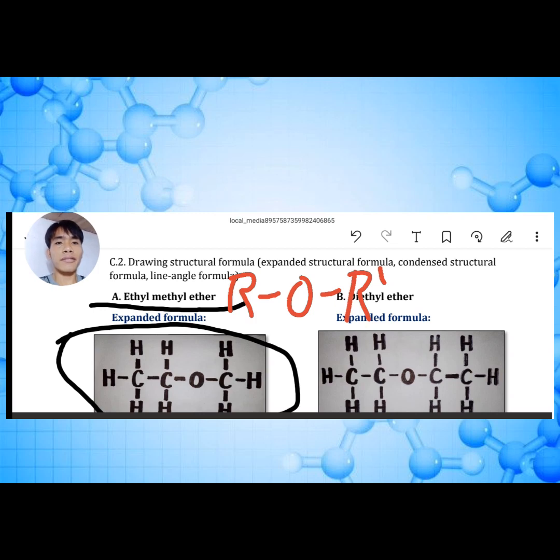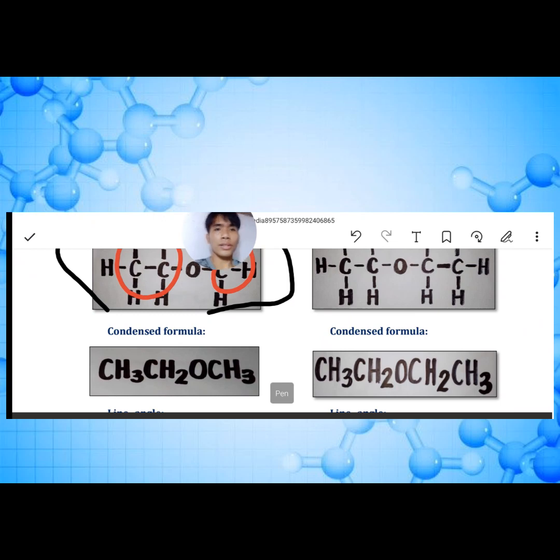So this R refers to any chain of carbons, and this oxygen is the central atom. So next is the condensed formula of ethyl methyl ether.